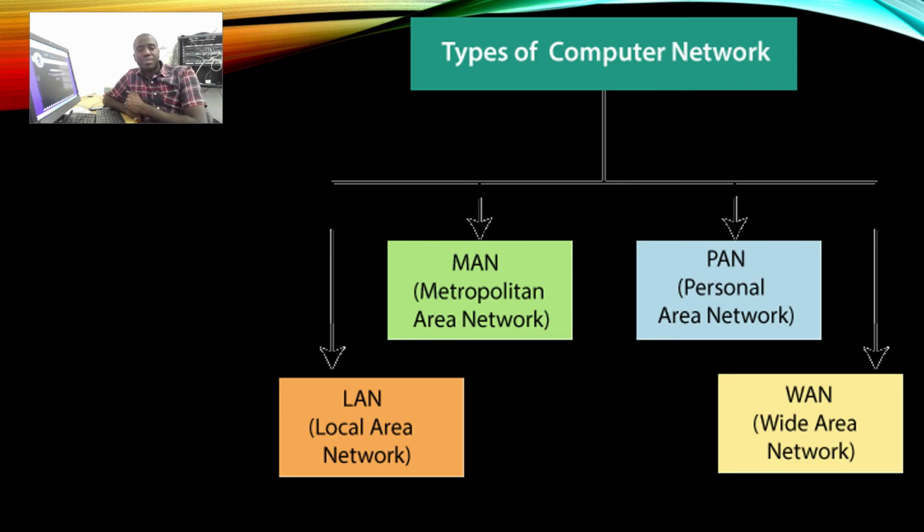For example, a local area network is usually confined to a building, an office, or a house. So it's confined to a very, very specific geographical area.